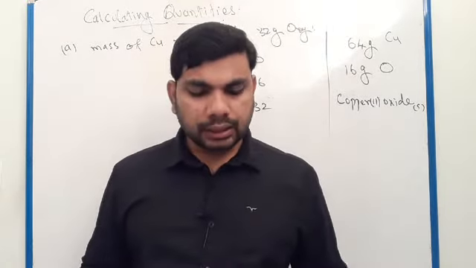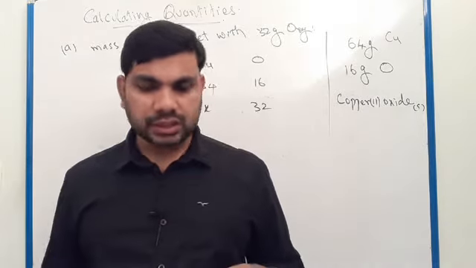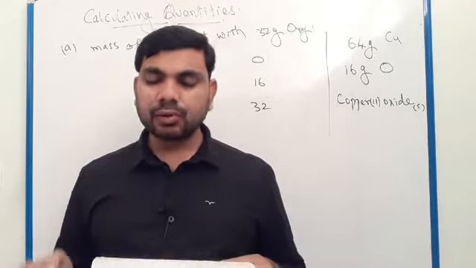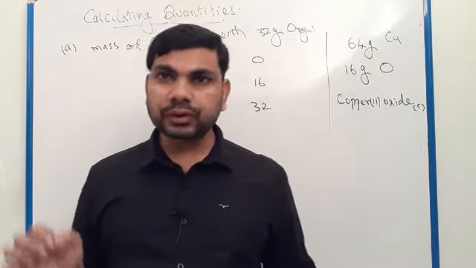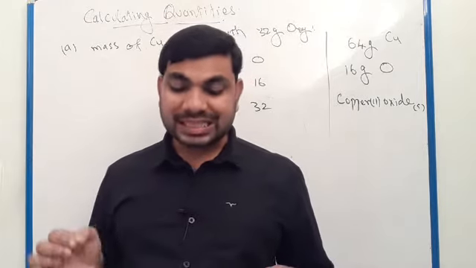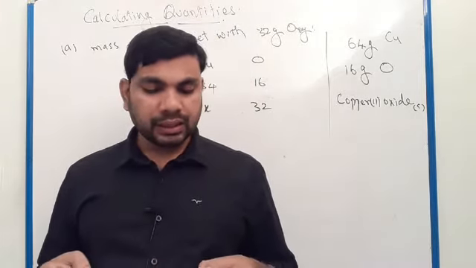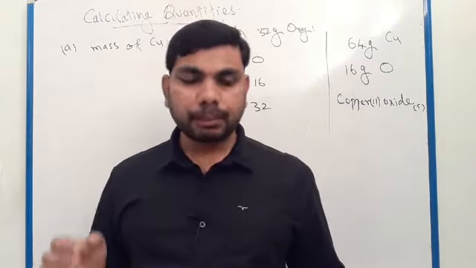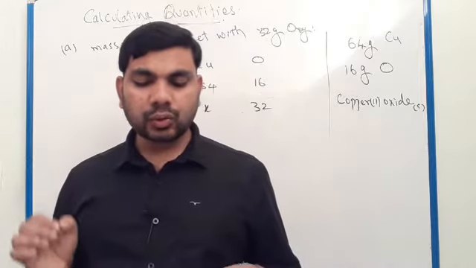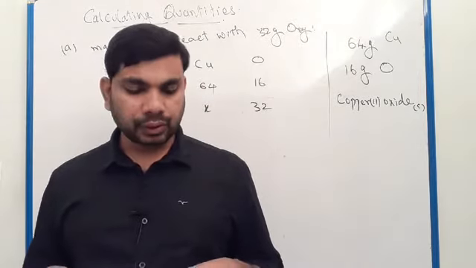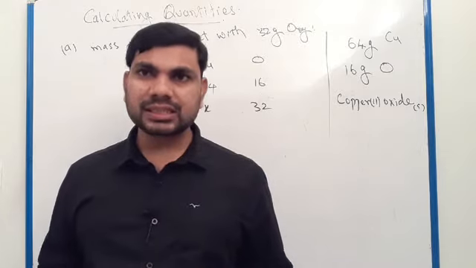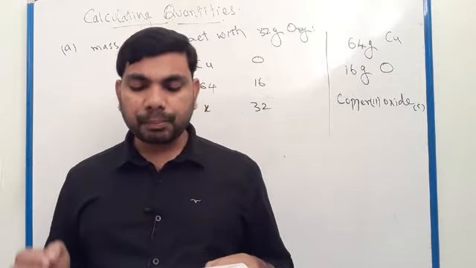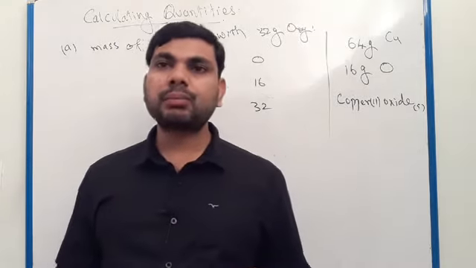And here the first question: 64 gram copper reacted with 16 gram of oxygen. After the copper and oxygen react, black copper oxide is formed. This is the statement. Based on this statement, first we have to calculate what mass of copper will react with 32 gram of oxygen.